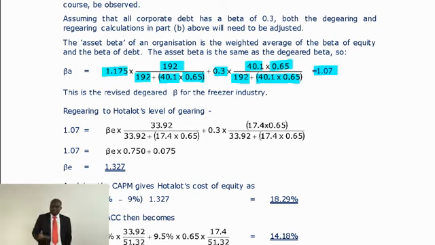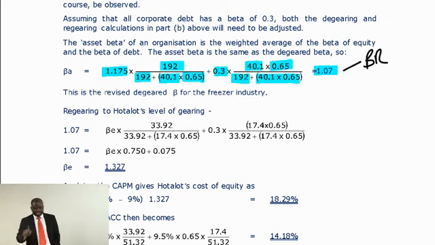We would have to re-gear because our company has got debt. So this is measuring only business risk. If we have debt, we need to re-gear, and that is the same formula. So you see 1.07 come here as the asset beta. Then the equity beta is what we are looking for.